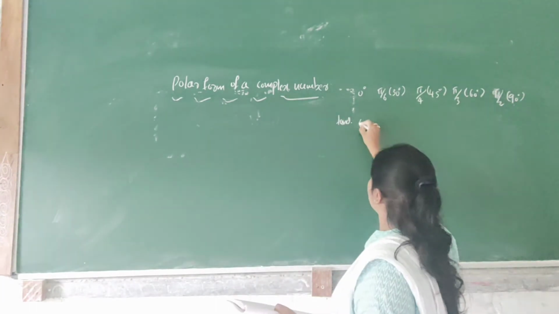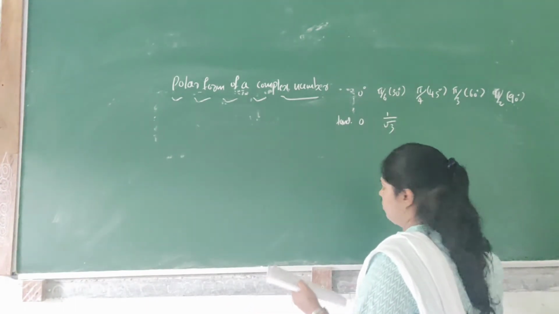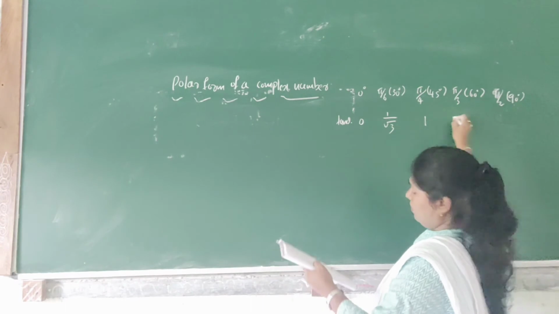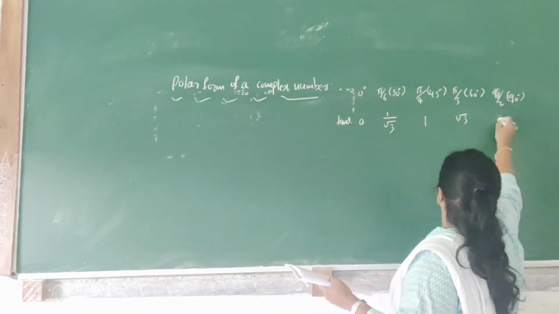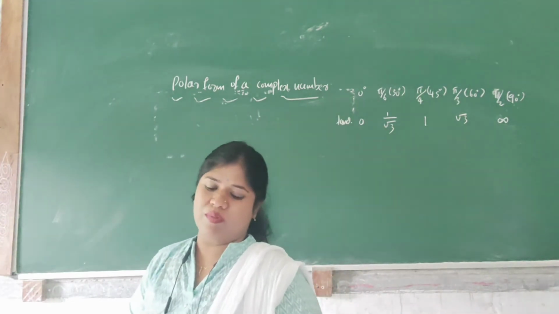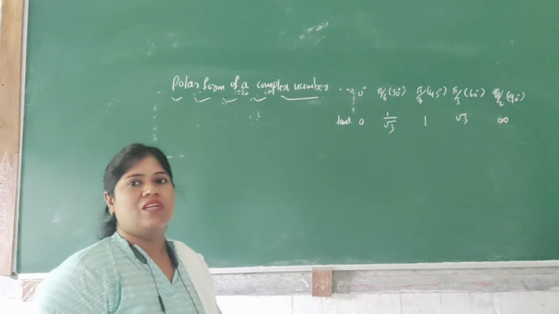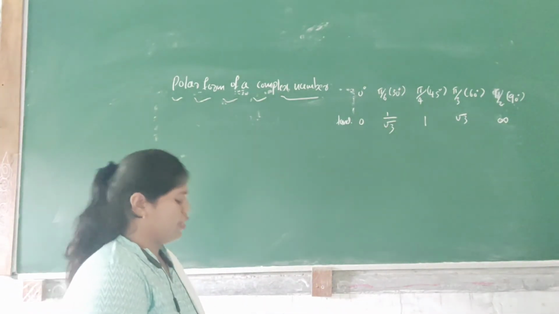That one is 0 now. What is tan pi by 6? 1 by root 3, 1, root 3, infinity. For solving the problems, this is important. You can remember this much for writing the polar form of a complex number, okay?